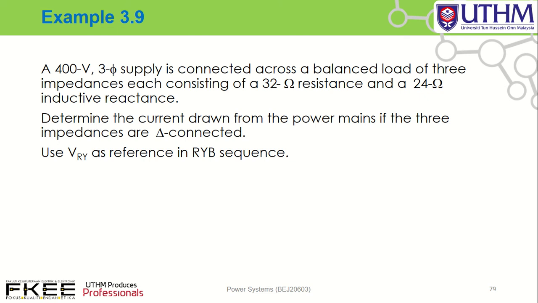Determine the current drawn from the mains. What is the meaning of the current drawn from the mains? It is the current from the supply if the 3 impedances are connected in delta.